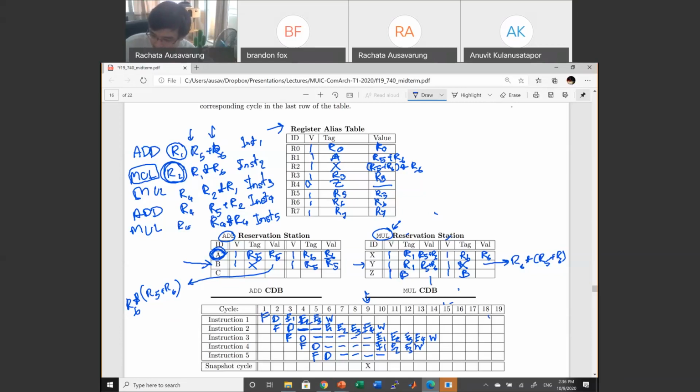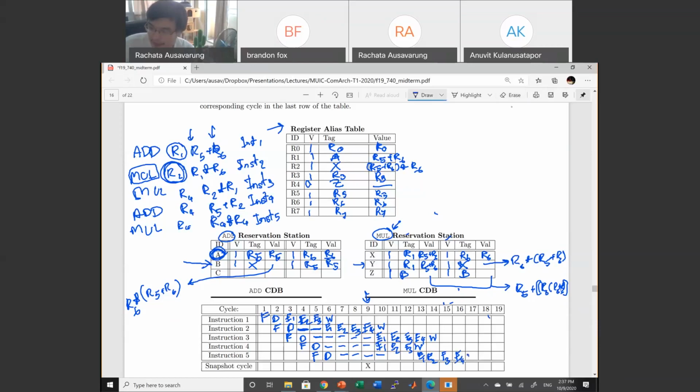Basically, both of this becomes R5 plus R6 multiplied by R5 plus R6. So that's B. Then you can start execute it right here. Execute 1, execute 2, execute 3, and write back. Then at the end of the day, at cycle number, oh no, that's the multiply. So it should be execute 4 afterward.